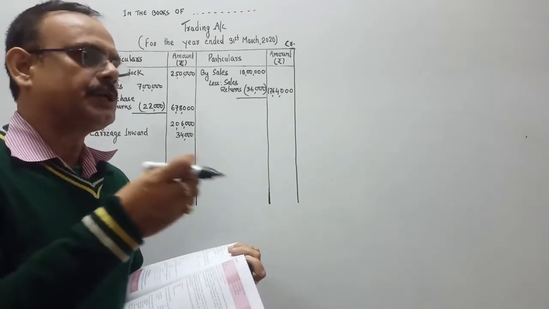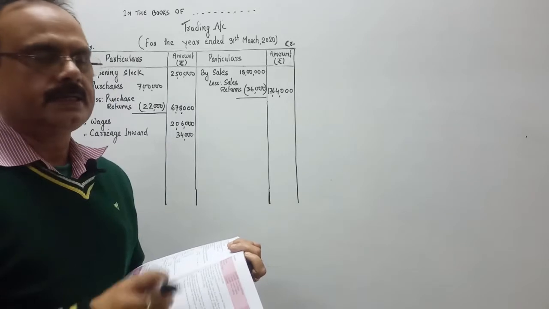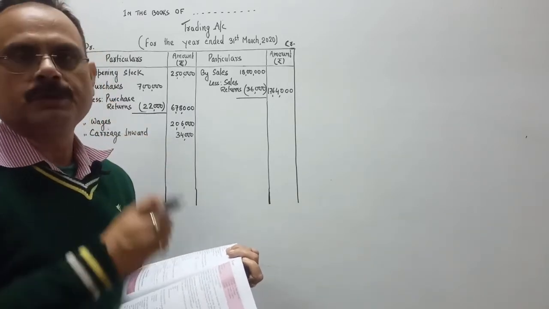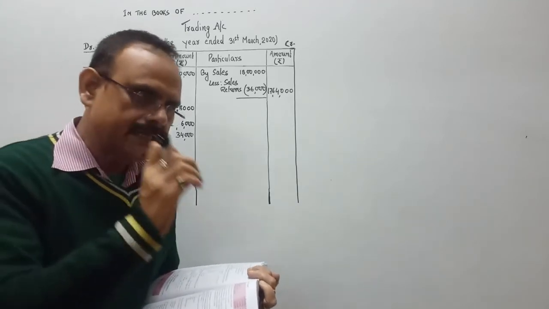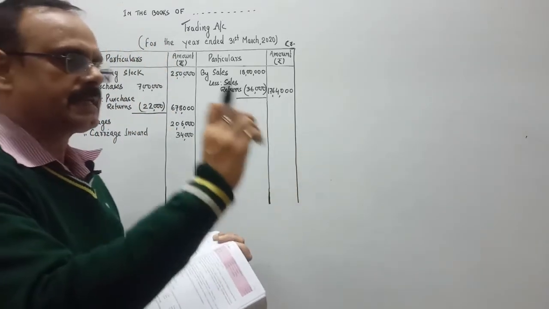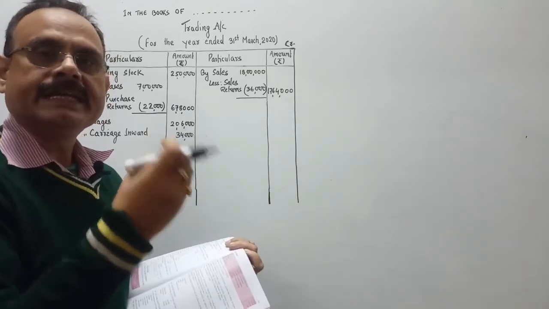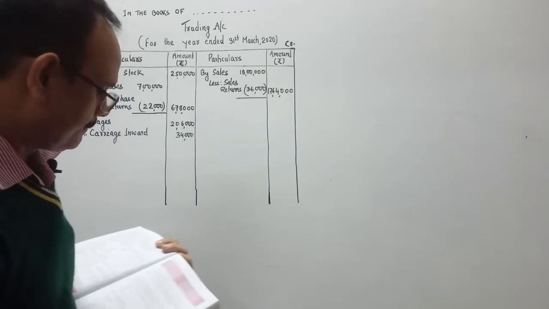Carriage inward means carriage on purchase. At the time of purchase of goods, when we pay the carriage, that is called carriage inward. So carriage inward is a direct expense and carriage outward is an indirect expense. This will be shown in the profit and loss account.